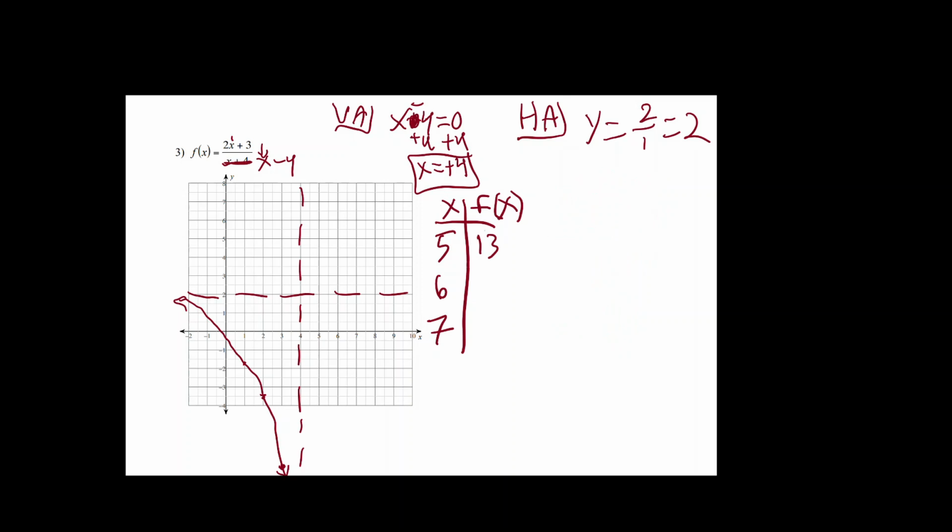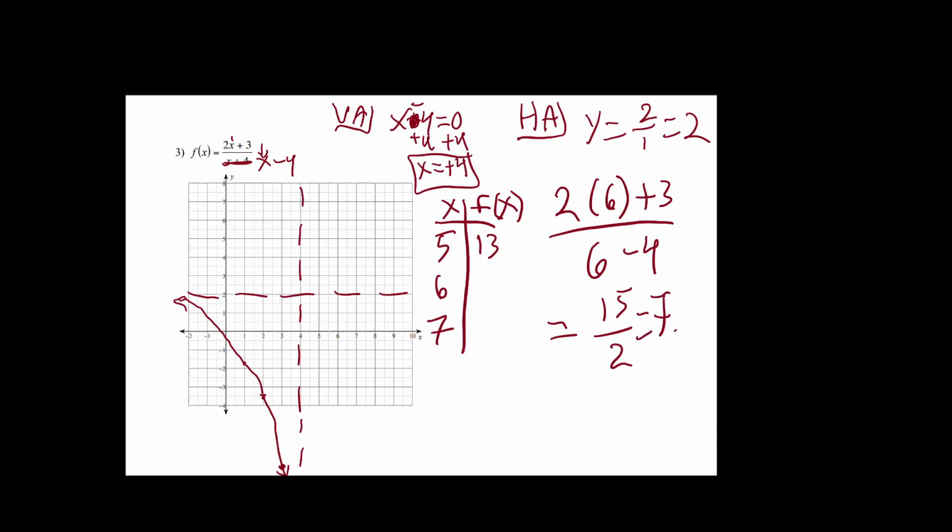So let's test it out with 6. We're going to have 2 times 6 plus 3 all over 6 minus 4. So up top, you get 15. On the bottom, you get 2. That is 7.5.